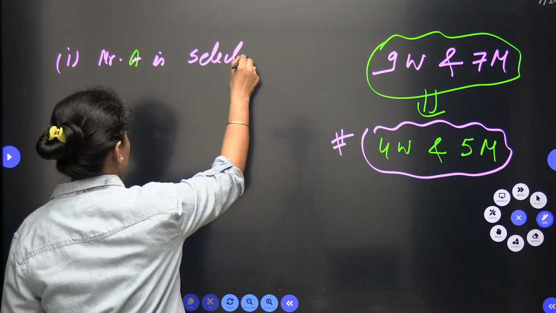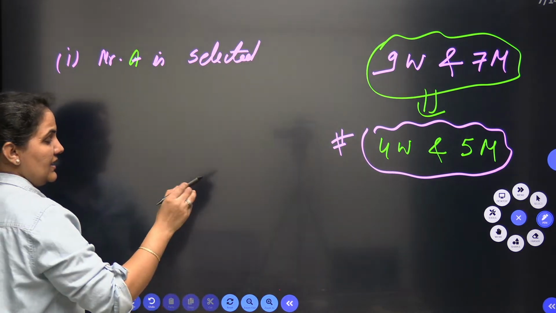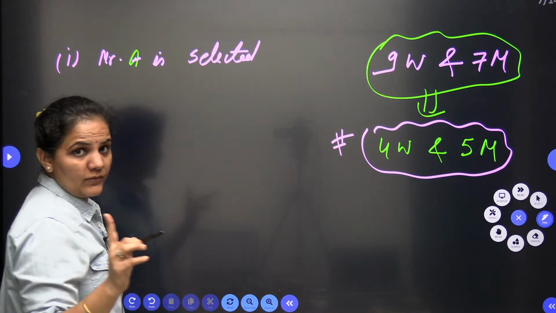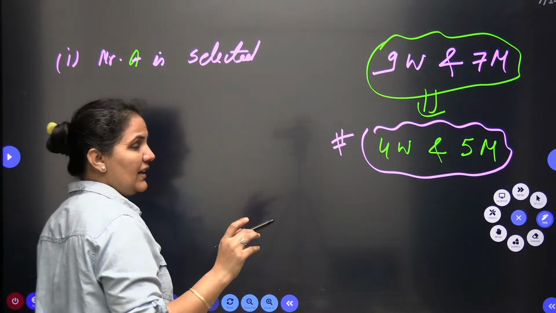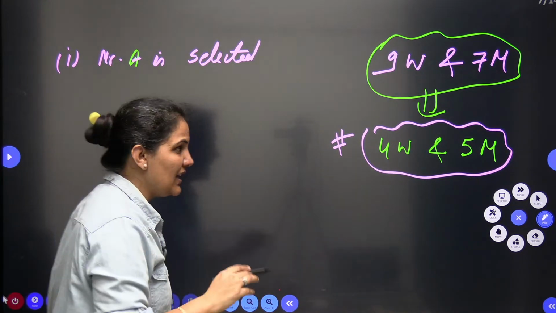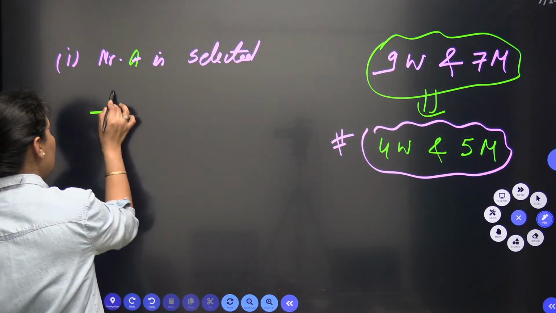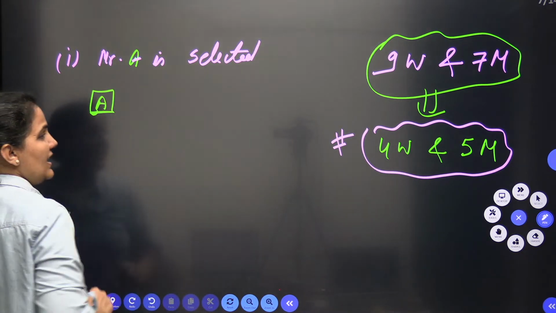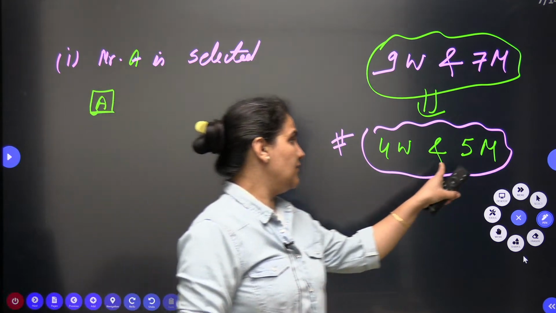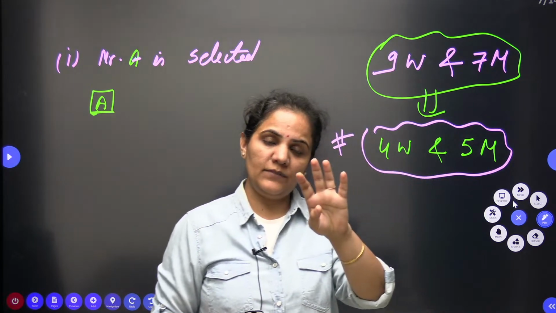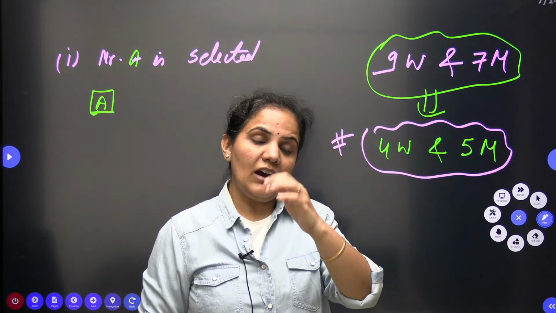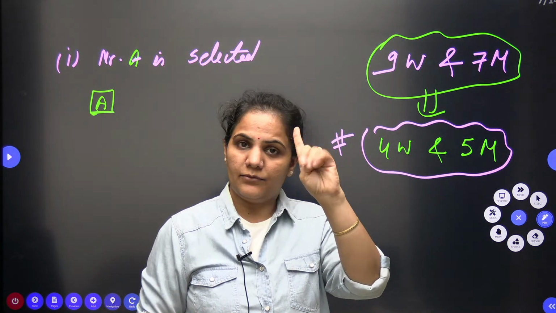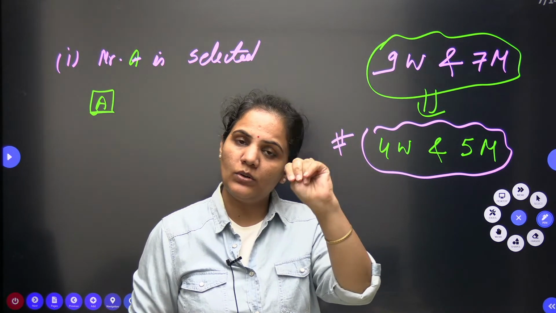Suppose when Mr. A is selected, I need to make a committee of 4 women and 5 men. So when Mr. A is there, already 1 man is selected. You need to select 5 men, and already 1 is selected, so now you need to select only 4.